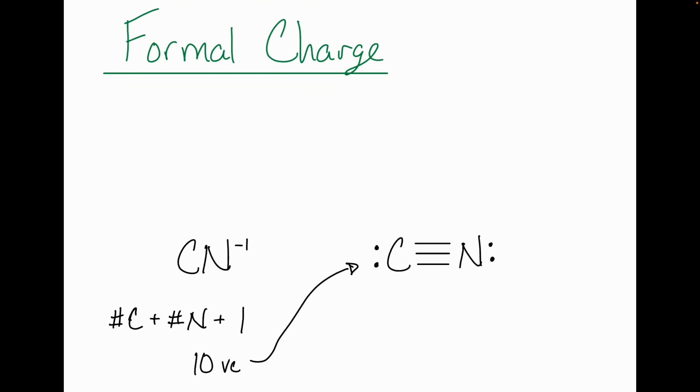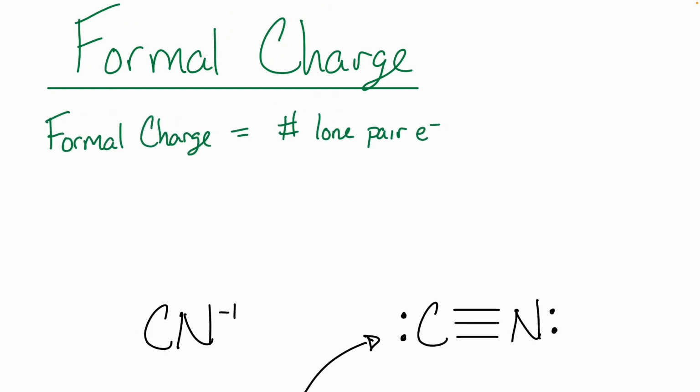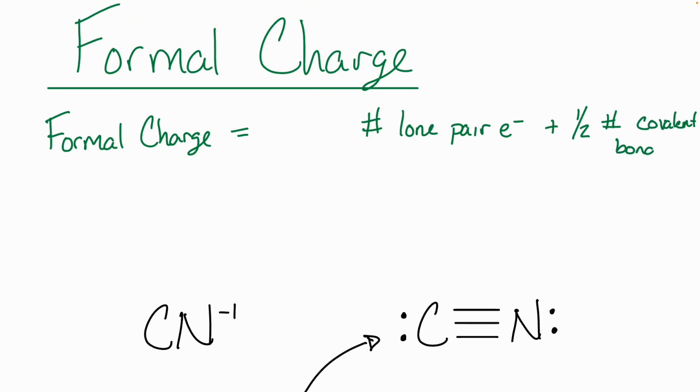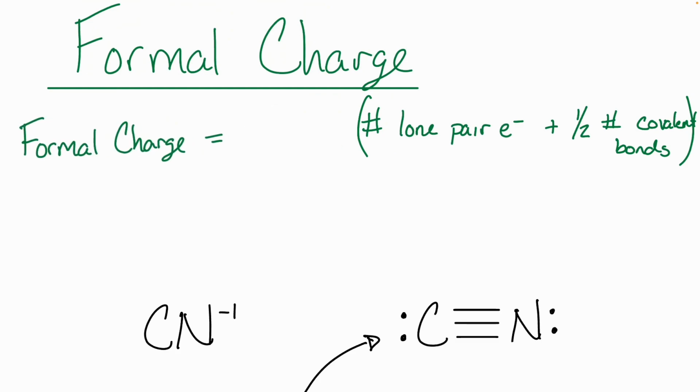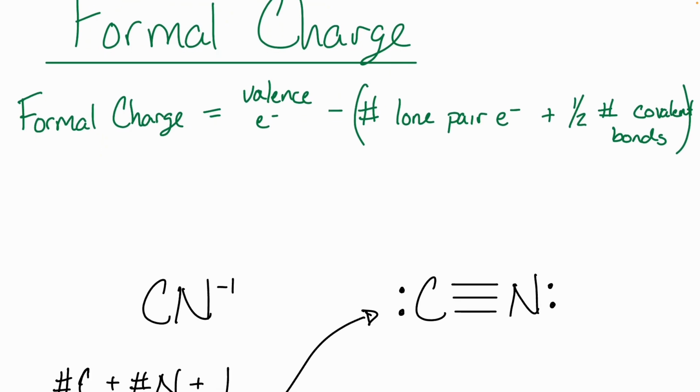Okay, so our formal charge is equal to the number of valence electrons that the atom has when it's all by itself, minus the sum of the electrons that we see in our Lewis dot structure: the number of lone pair electrons, plus 1/2 of the number of bonding electrons, or covalent bonds rather.